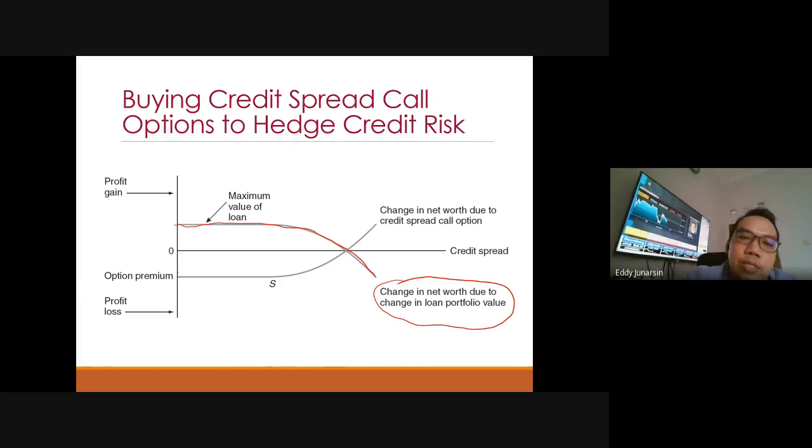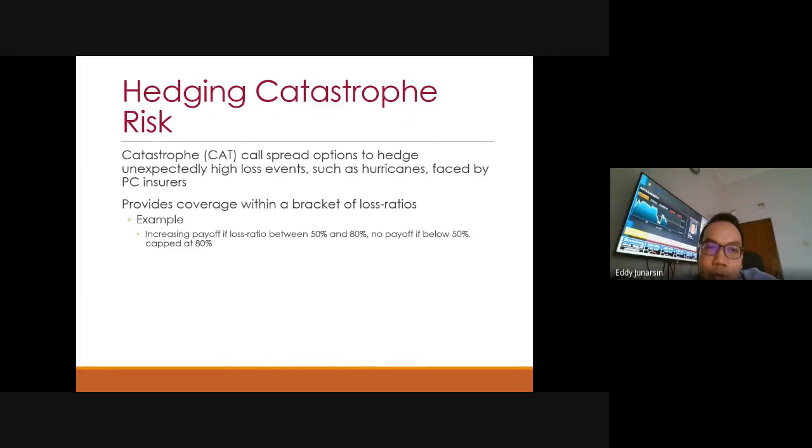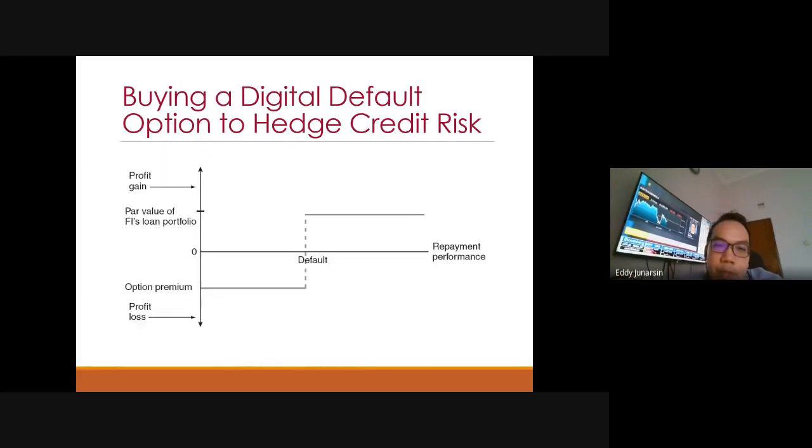But by doing this, the credit spread option, you earn money from the contract because of the deterioration of your client quality. All right, just similar to the position under forward or futures, except that this is an option.